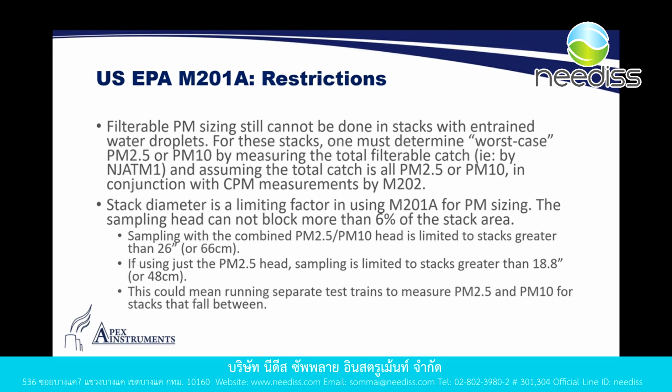And then you need to assume that the total catch is either PM2.5 or PM10 in conjunction with your condensable particulate that we mentioned for the additional Method 202, which is your condensable particulate captured on a filter between impinger number 2 and impinger number 3.